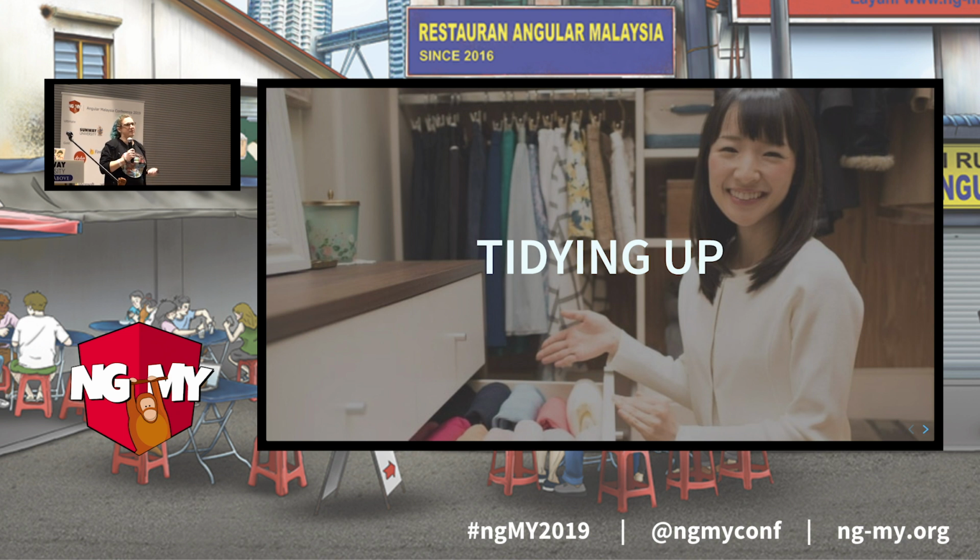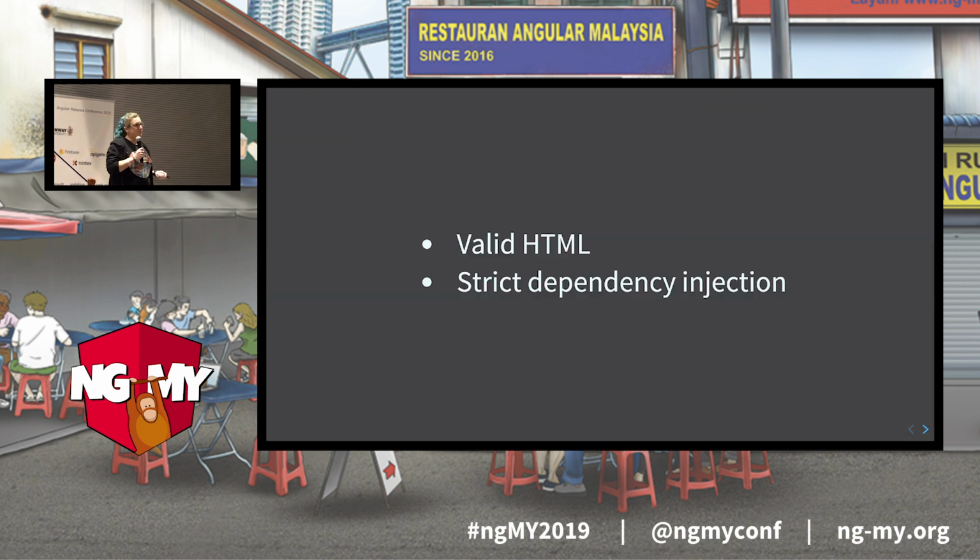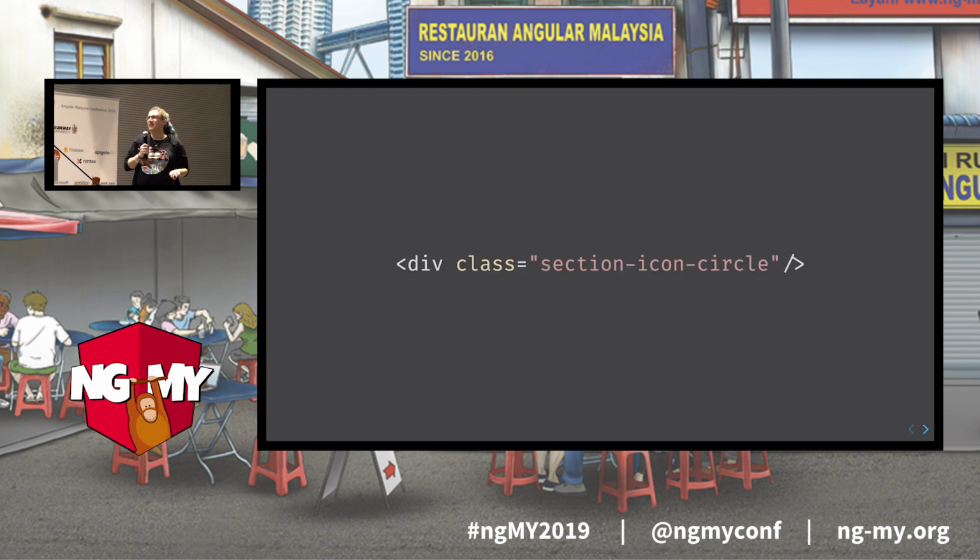And there's 2 things we need to worry about here. First of all, we need to make sure that our HTML is valid. Now, this might seem obvious, but when I was doing this with our code, I kept getting these weird errors that I couldn't understand. And when I looked in the code base, I found a bunch of stuff like this. This is a self-closing div tag. I don't know why anybody would want to do it. It's not valid HTML. But a browser will let you do it.